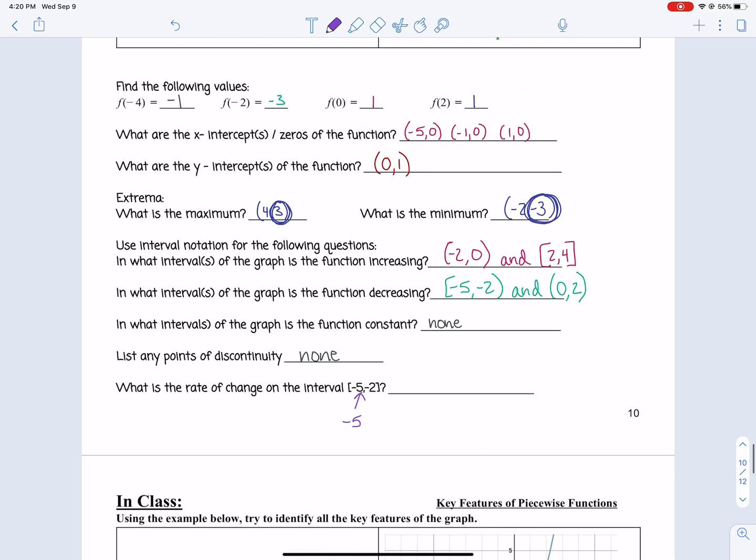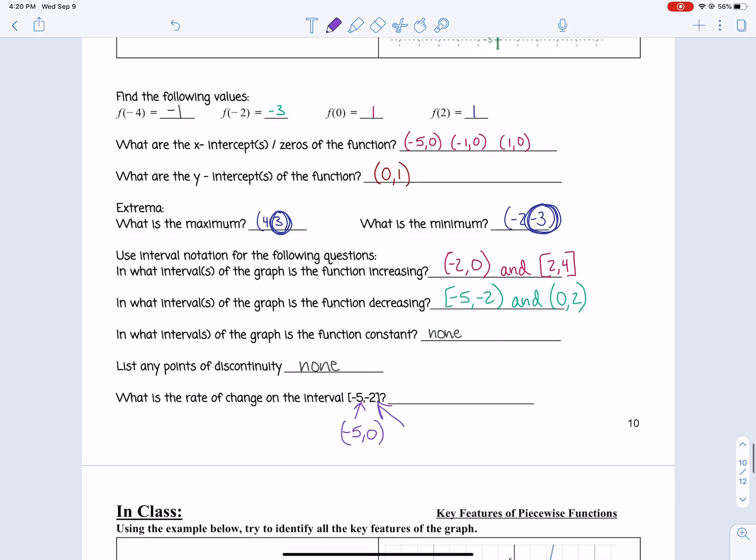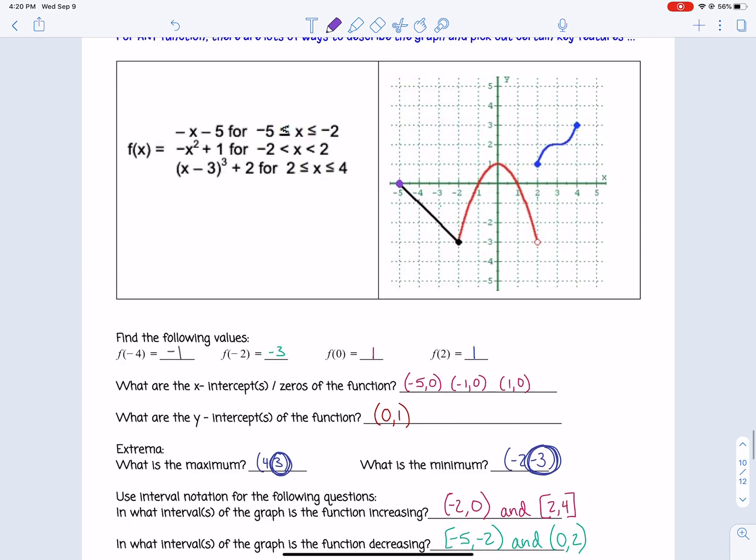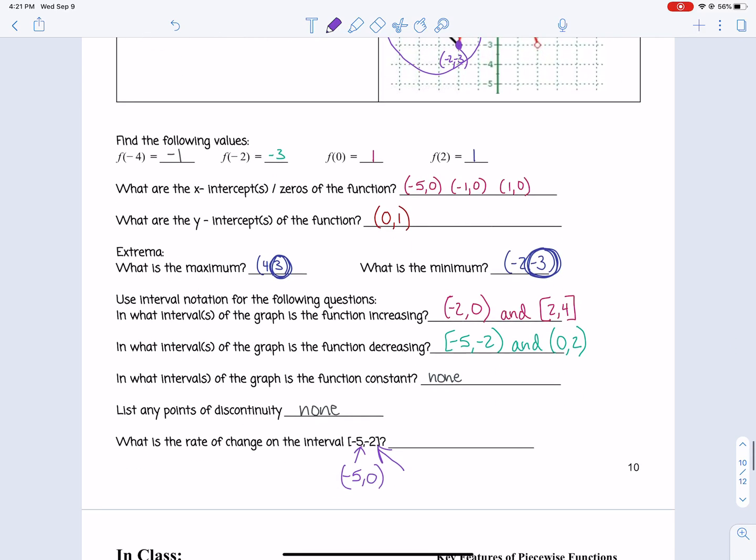So let's write that down. -5, 0. And then -2, so that's the end of our interval. So from -5 to -2, they're asking what is the rate of change in that interval. And -2 goes with -3. That's where it's located. So we need to pick out those endpoints of that interval that they're asking you about.